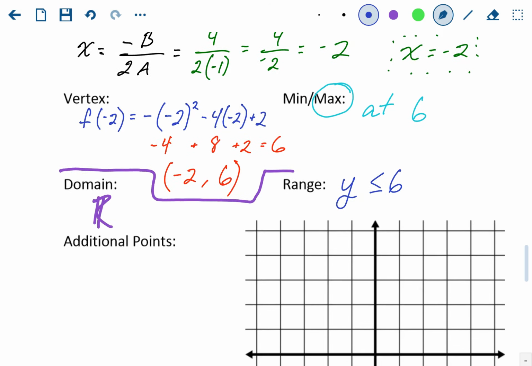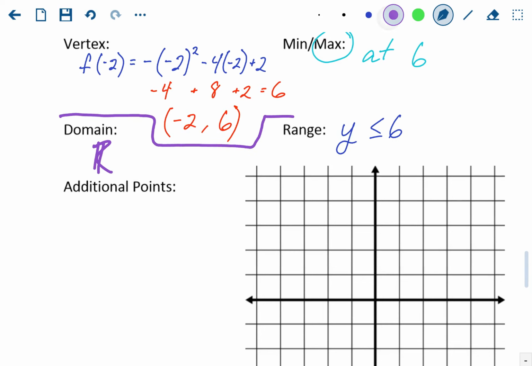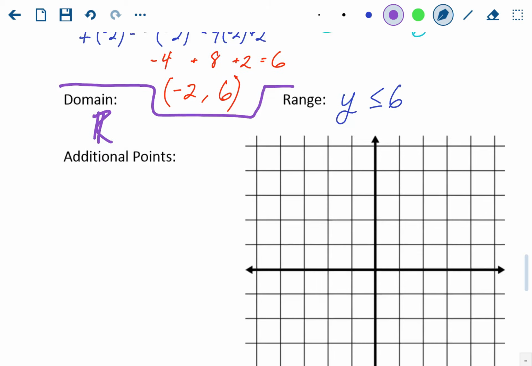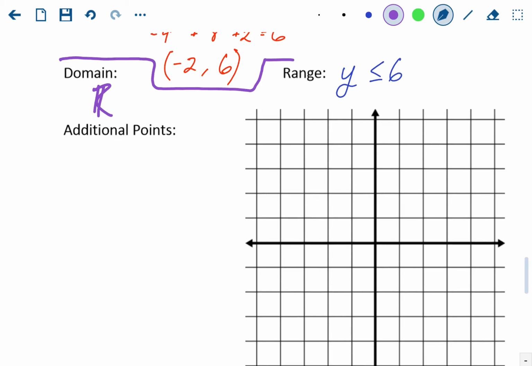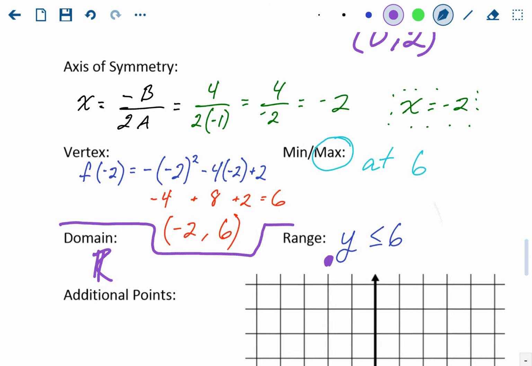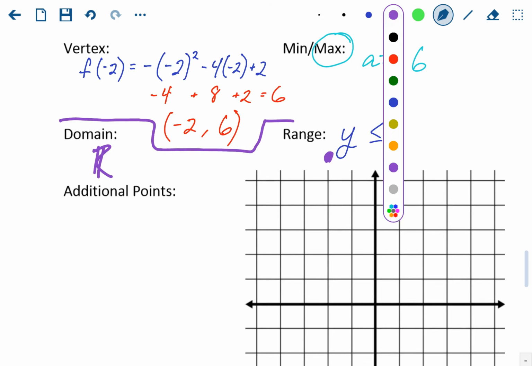All right, and we're going to graph what we have and see if we need additional points. We know the vertex is negative 2, 6. My graph's a little short, so I'll just put that up here. I know the y-intercept is 2, so we can graph the y-intercept.